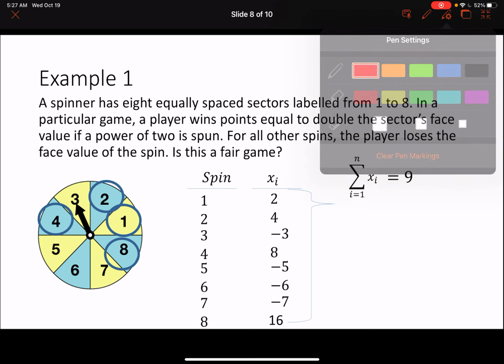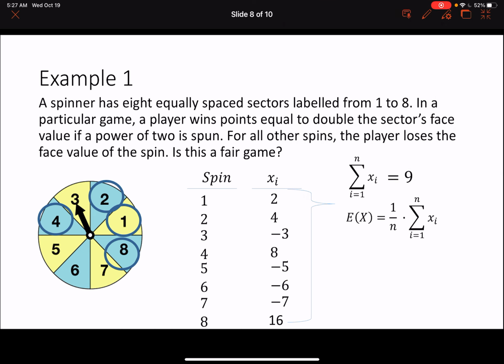Basically, you add them up. Okay, and then you multiply it. E of x equals 1 over n, times the summation from 1 to n of xi, the sum of all possible outcomes in points, and it's 1 over 8 times 9, so I can expect 9 over 8 points for every spin.